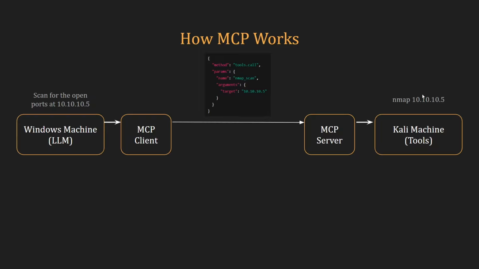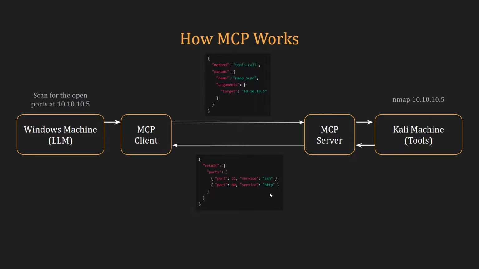Once this command is executed at the Kali Linux machine, the output is sent back to the MCP server, which parses the output and constructs another JSON file with a clearer, recognizable output. For example, you can see that it has identified port number 22 is open and the service running on that is SSH. Port number 80 is also open, and the service running on that port is HTTP.